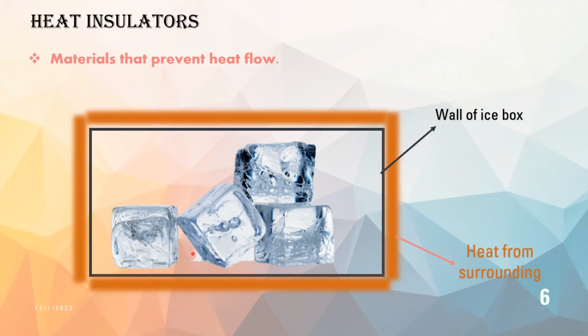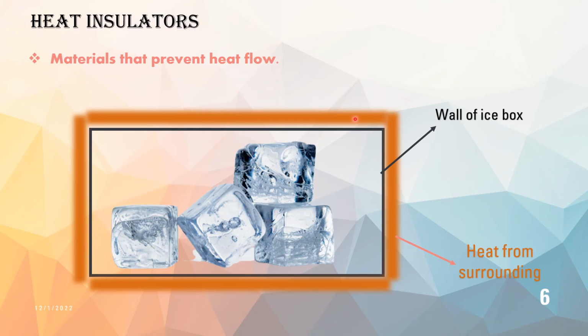If we put some ice in an ice box, we will find out that the ice will take a longer time to melt. The question is why? We just learned that the wall of the ice box is made of a heat insulator.